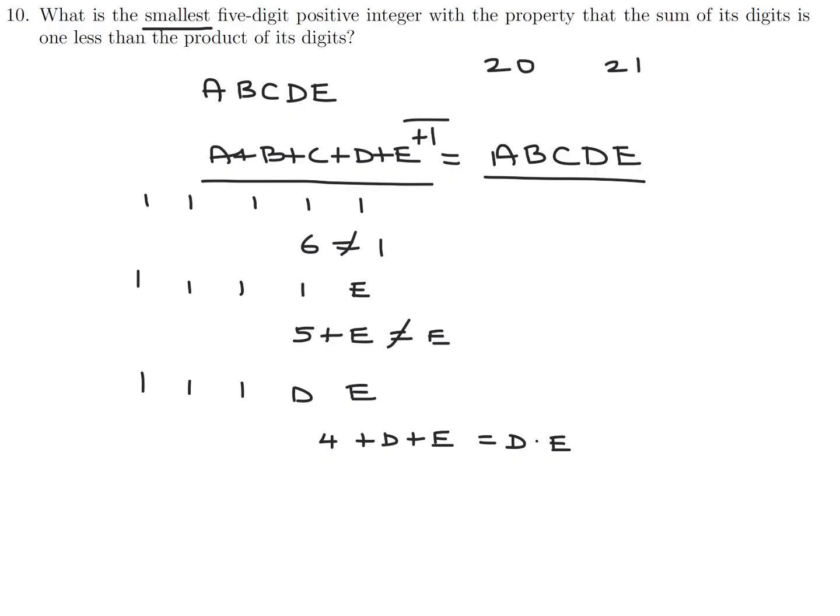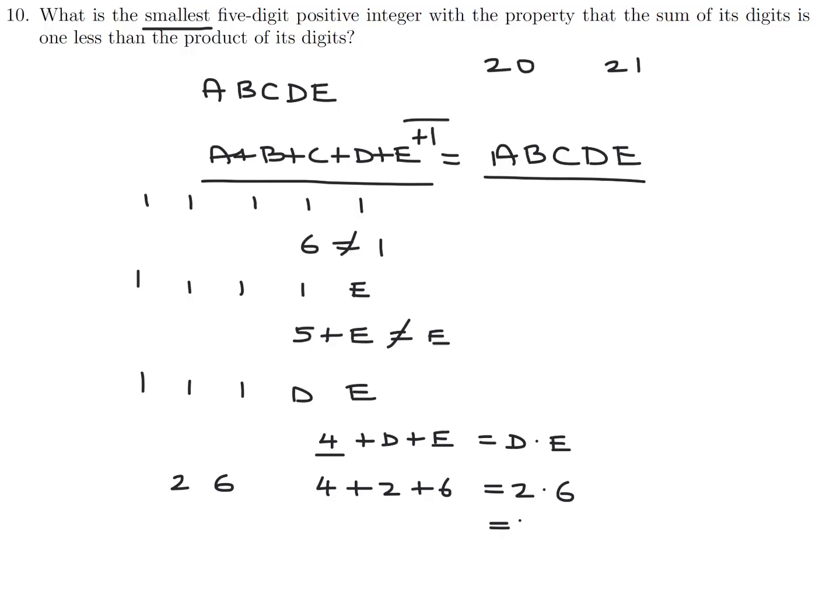Okay, this looks promising. Let's see here. It's probably even on both sides since we have this 4. Not necessarily, but how about if we have 2 and 6? Then this would be 4 plus 2 plus 6, and this would be 2 times 6.